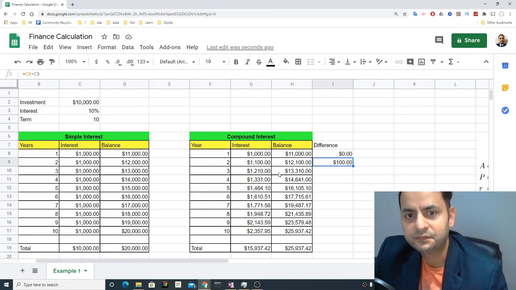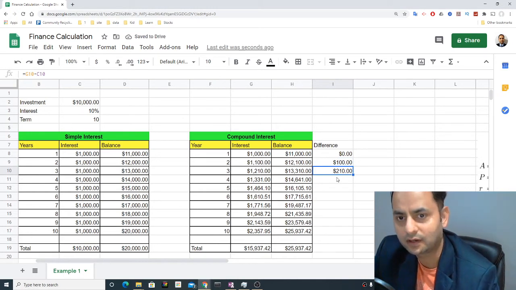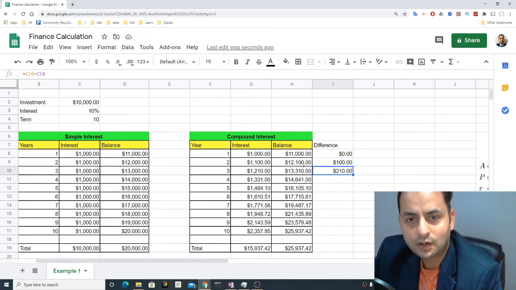Let's do one more year. For the next year, what's our difference? The difference is $210. How $210? Because we got this 2,100, and this gives us the interest of 2 years.